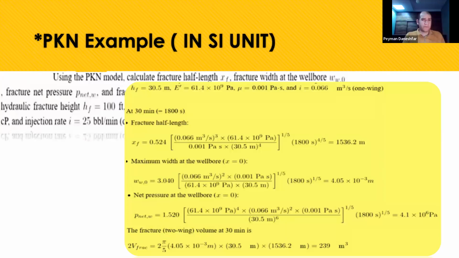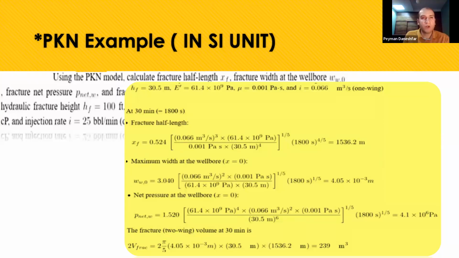This is just for yourself. This is for the slides we start with. It's a question that we can answer with time: how is the fracture width, the maximum width, the net pressure and the fracture volume.